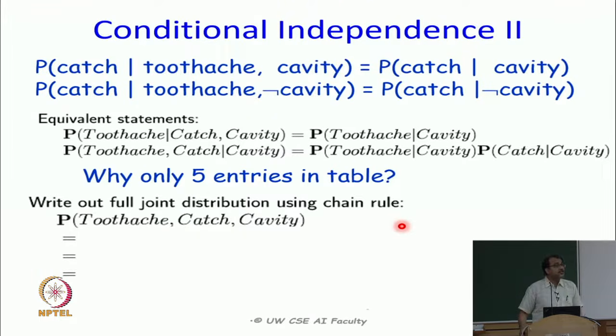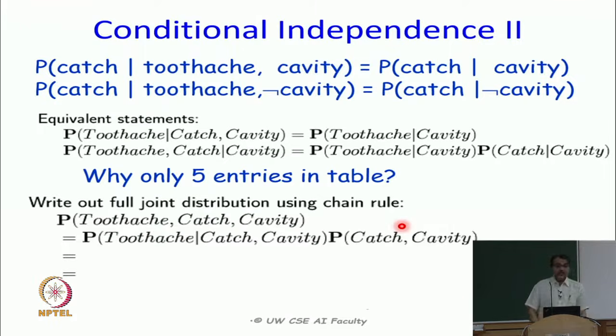Now, let us use the product rule. We can use it in any way, any subset way. So, let us say we use it in this particular fashion. This would be equal to probability of toothache given catch comma cavity times probability of catch comma cavity. Now, by conditional independence, what do we know?